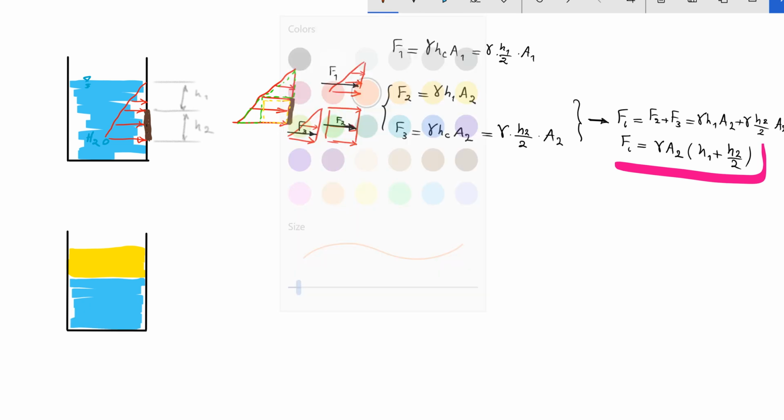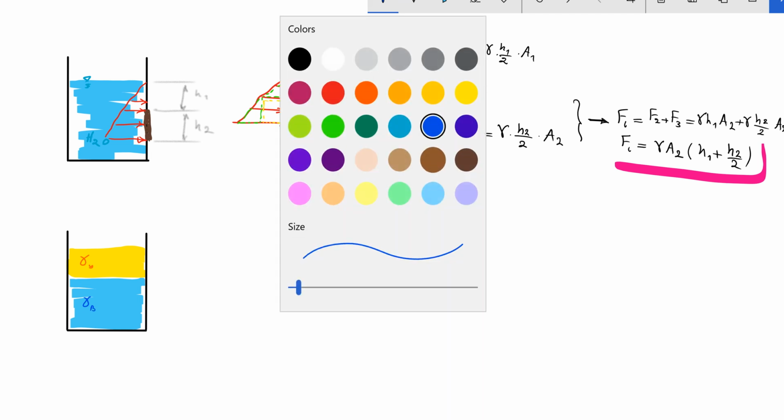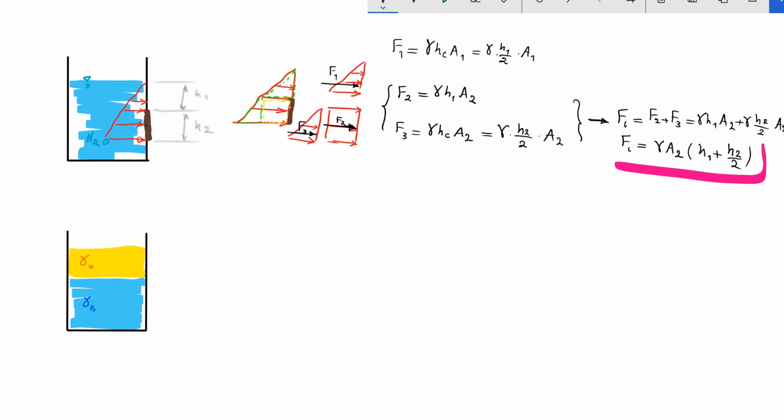So let's call this gamma Y for yellow, and this one gamma B for blue. And I am interested in this piece.